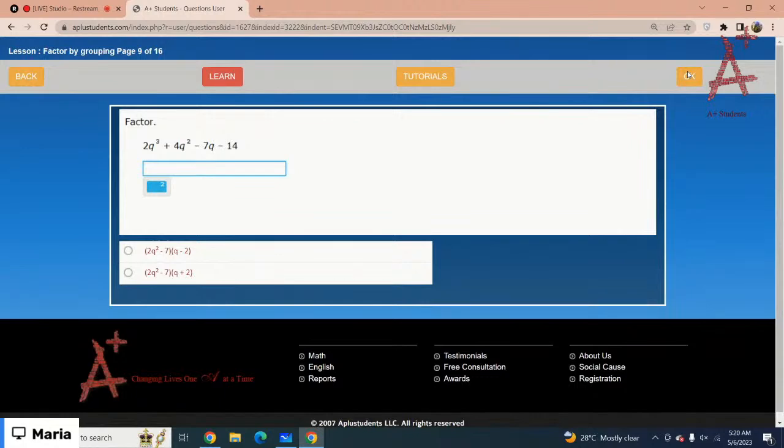So which is the correct option? 2q plus 4q squared minus 7q minus 14. So which is the correct option?